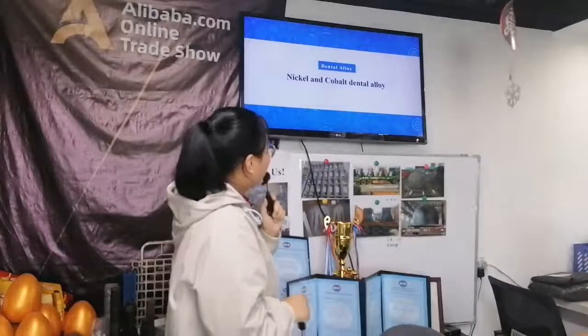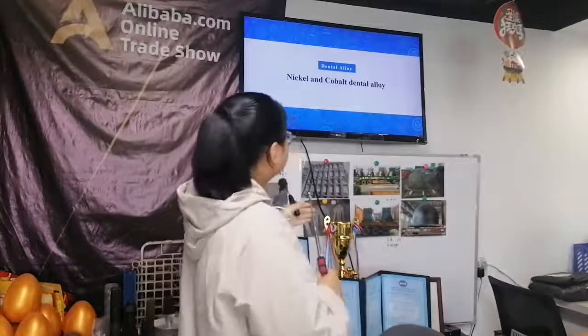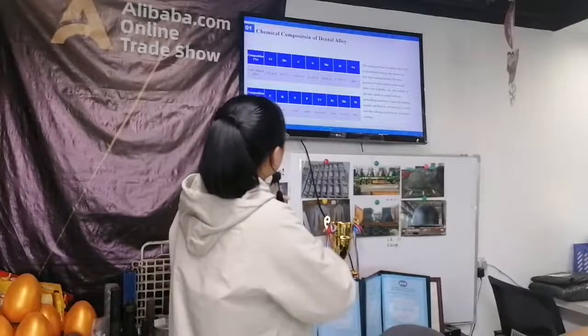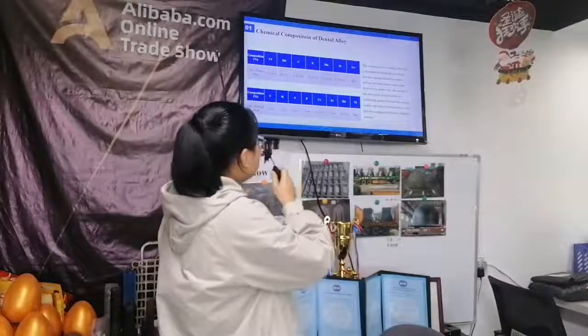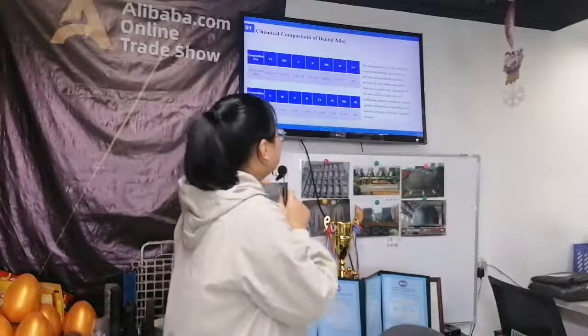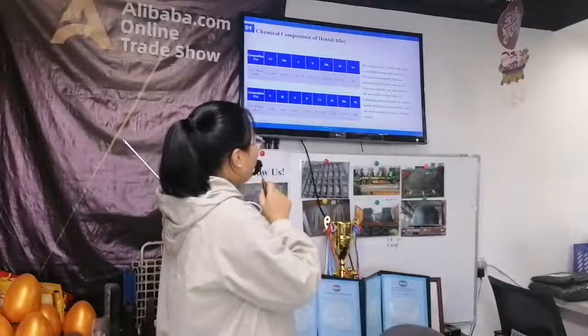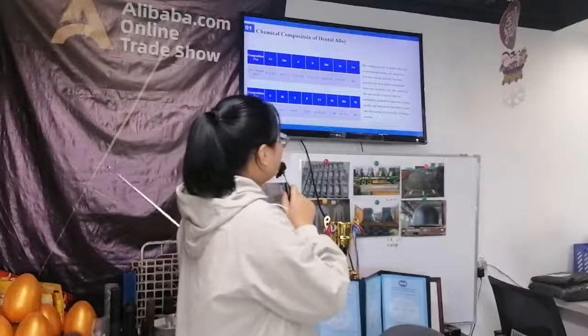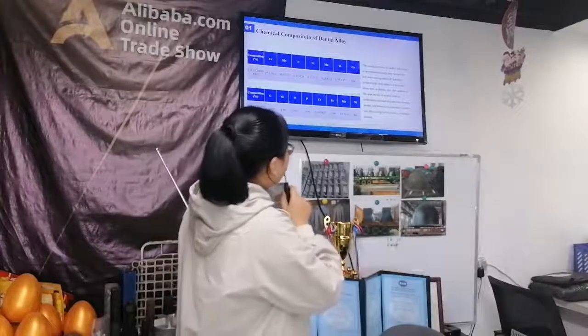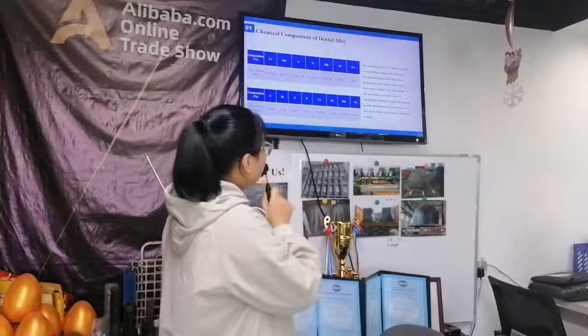Nickel and cobalt dental alloy. First, chemical composition for dental alloy. The casting process of dental alloy parts is investment casting, also known as lost-wax casting method.